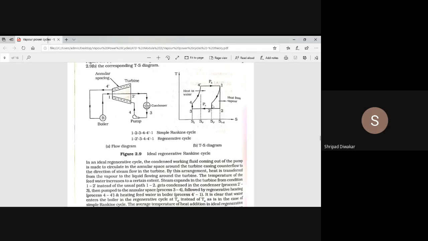QS is T1 into (S1 minus S4 dash), QR equals T2 into (S2 dash minus S3).